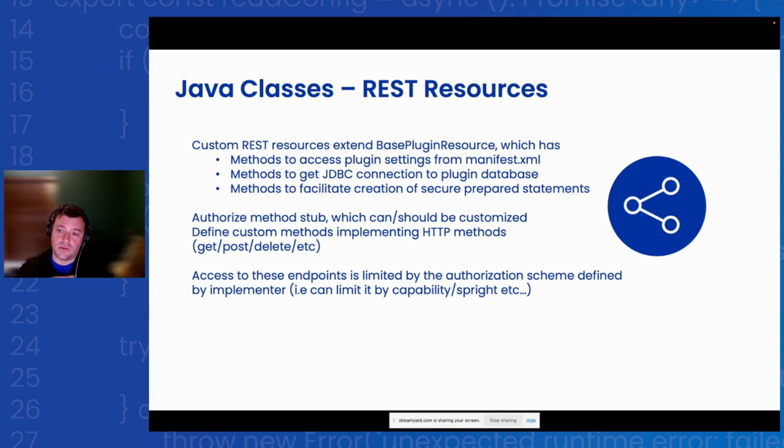All right. So the really cool and powerful features of the plugin really come into play with these Java classes. The first one to talk about is the REST resources, and this is what we'll demo later. These are the ones where you can create your own API endpoints, and you can create your own authorization for those endpoints to make sure that people with the right permissions can get access to them, but people who don't can't.